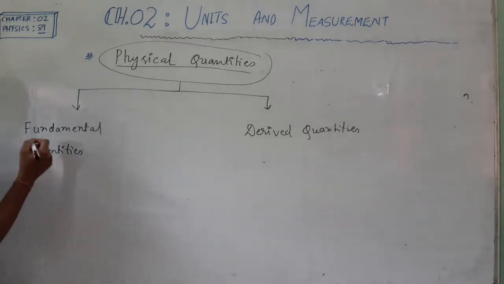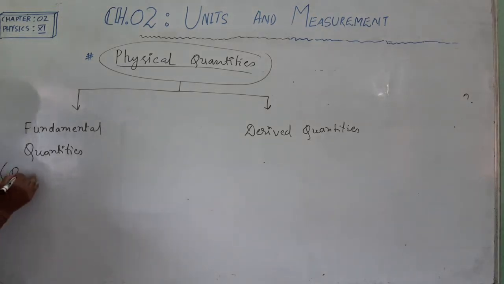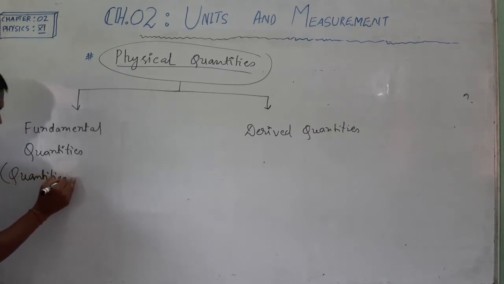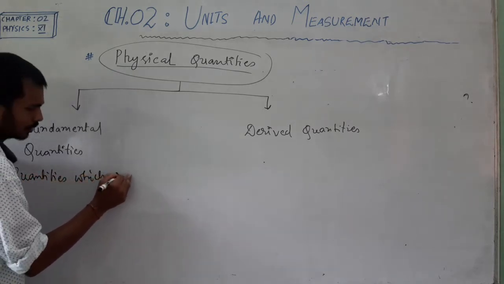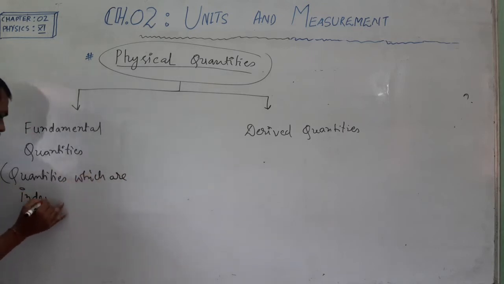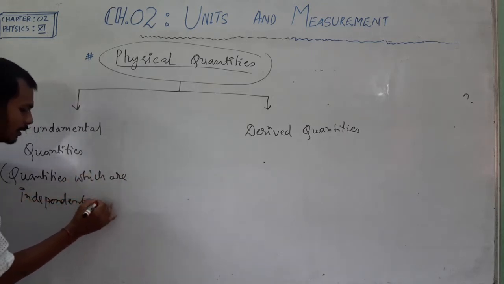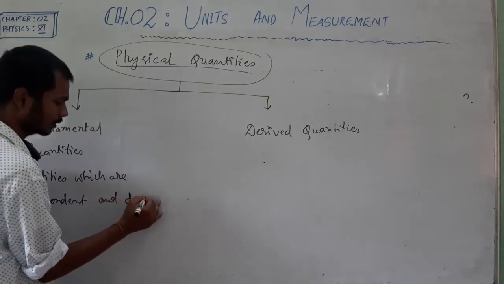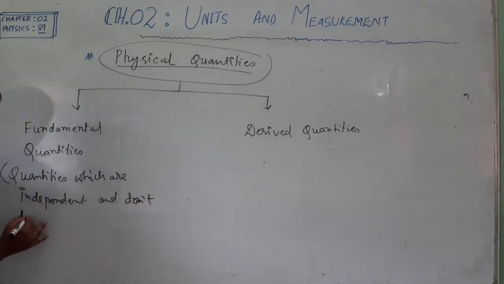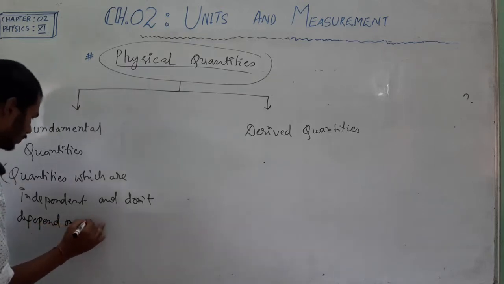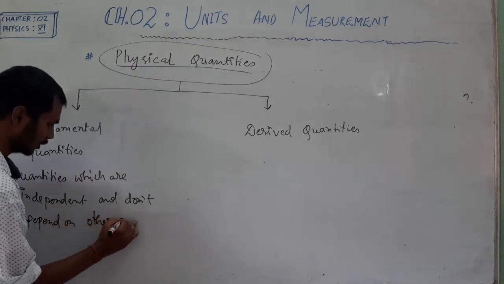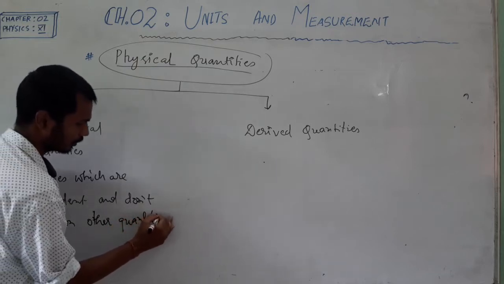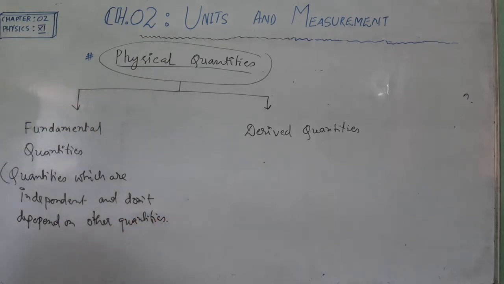The quantities which are independent and they don't depend on other quantities. Okay, clear?